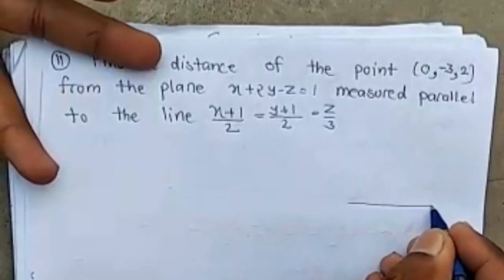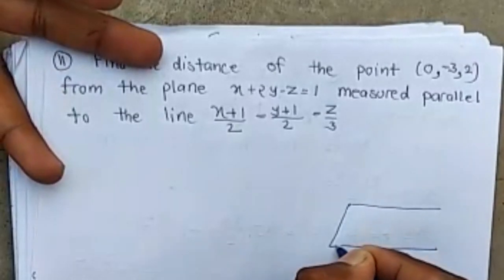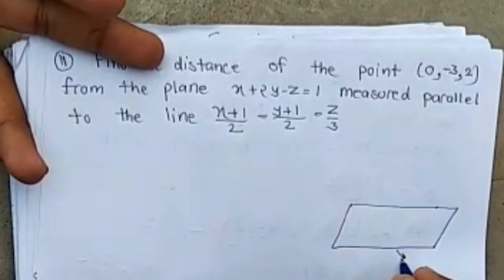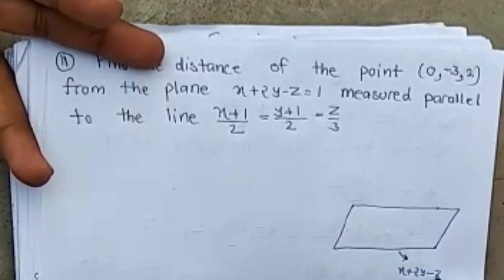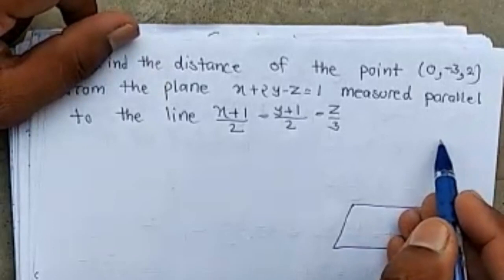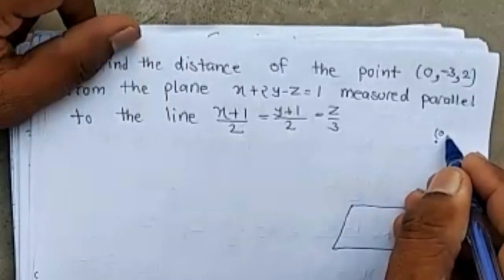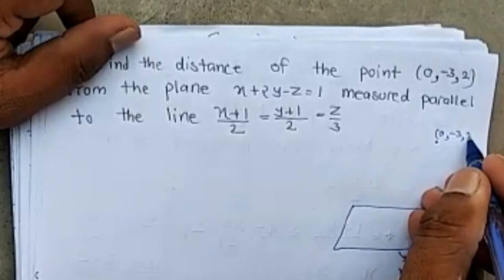Let it is plane whose equation is x + 2y - z = 1 and the point is P(0, -3, 2).